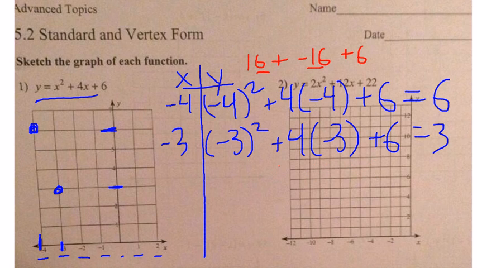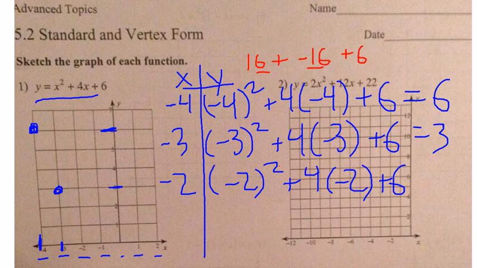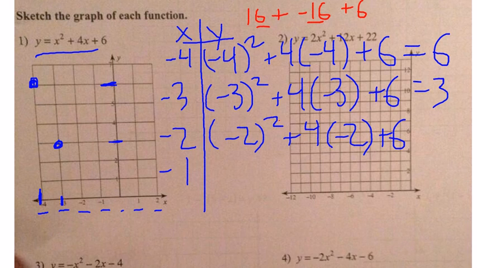Okay, let's go to -2. So now I've got -2 squared plus 4 times -2 plus 6. Then I'll look at -1 and scoot that up.